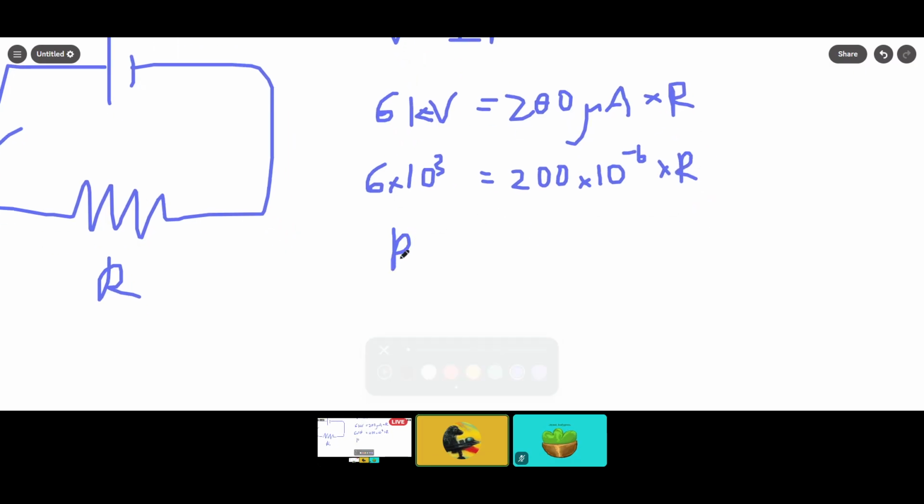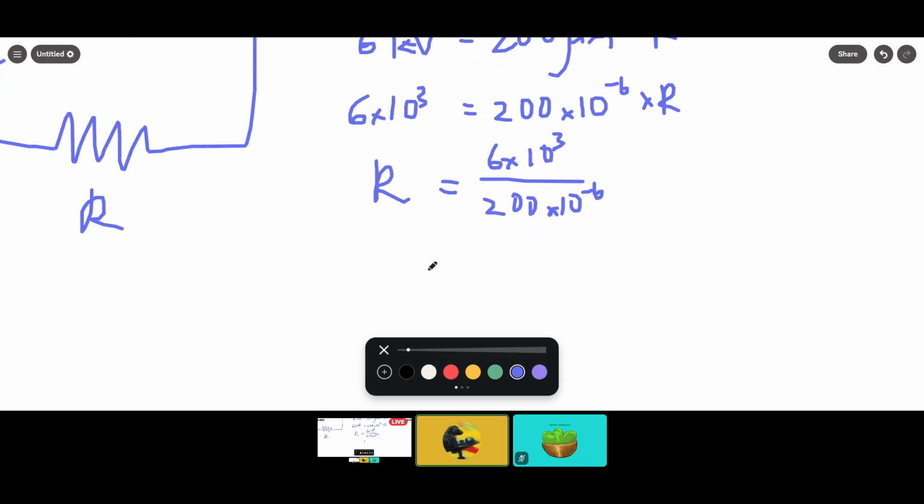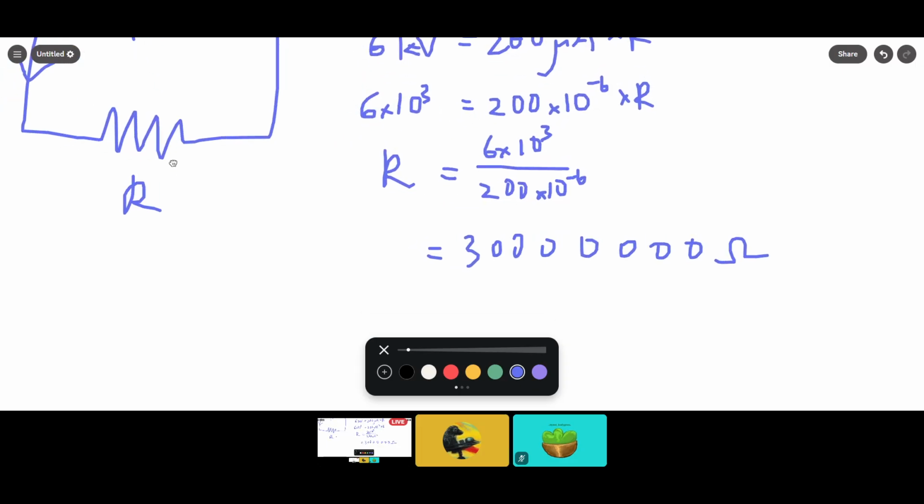So to find R, it would be 6 times 10 to the power of 3 divided by 200 times 10 to the power of negative 6. So this now is correct. We put this in our calculator and we find that the resistance is actually 30,000,000 ohms.